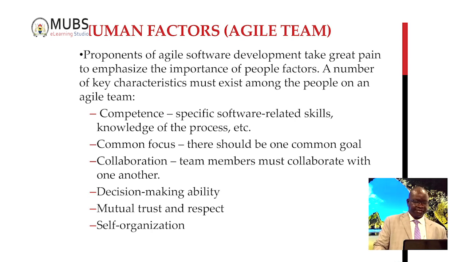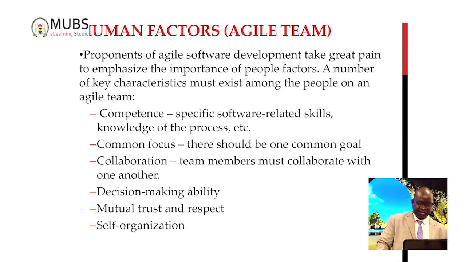Proponents of agile software development take great pains to emphasize the importance of people factors. A number of key characteristics must exist among the people on an agile team. So these are the soft skills expected from the team in agile development.